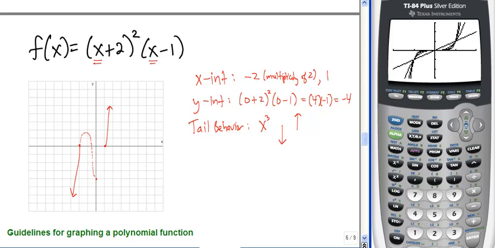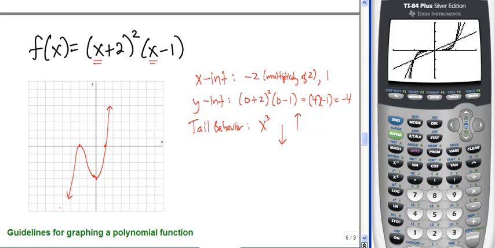So what's the only way that I am going to be able to hit the x-axis at -2 and then come back down and hit this y-intercept? Well, the only way that can happen is if I shoot down on the left and then I just touch or bounce off that x-intercept and then immediately turn back around so that I can hit my y-intercept, and then I come back around and hit my second intercept.